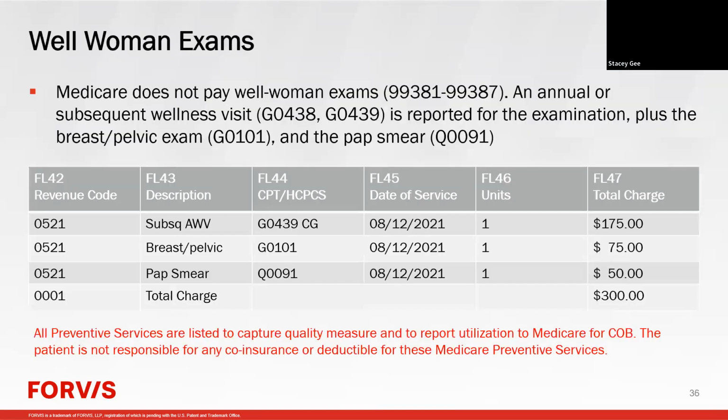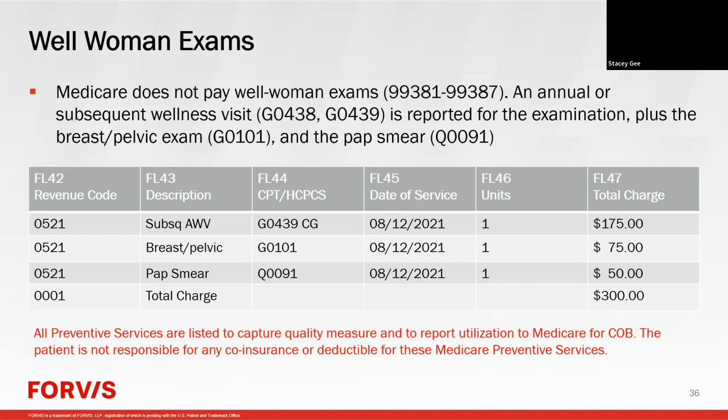I've got 3 minutes and I think I've got 3 slides left. Well woman exams. So we all know that Medicare doesn't pay for these CPT codes 99381 through 99387. An annual or subsequent wellness visit is reported for the exam. In the RHC world, you're going to report annual or subsequent wellness visit.